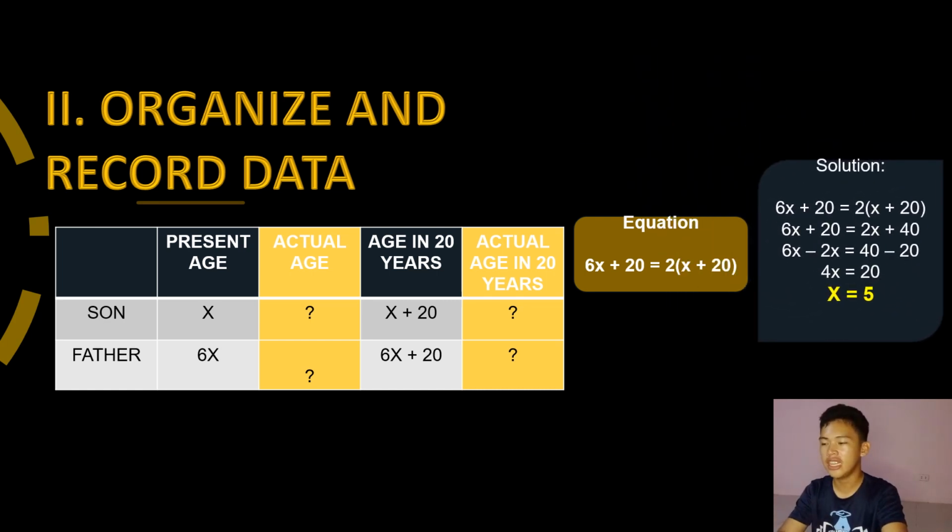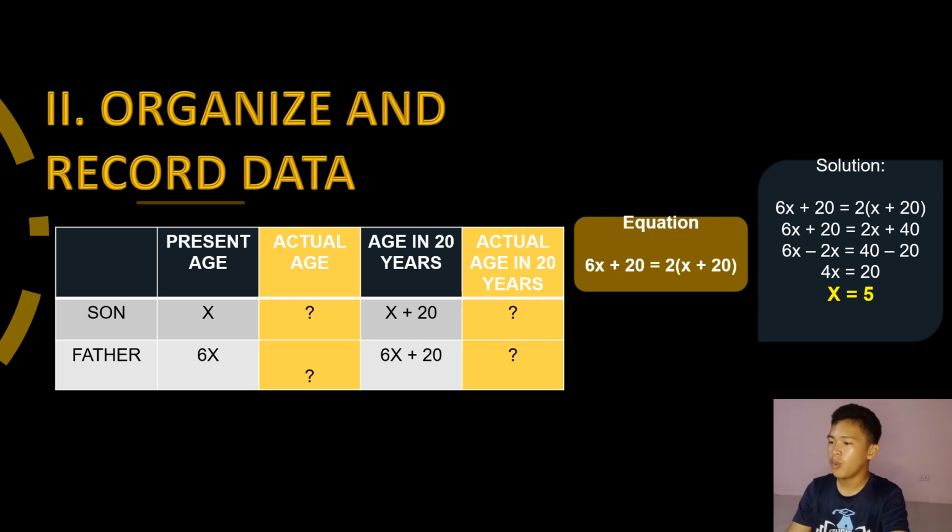The solution: 6x plus 20 is equal to 2 times x, which is 2x, and 2 times 20 is 40.